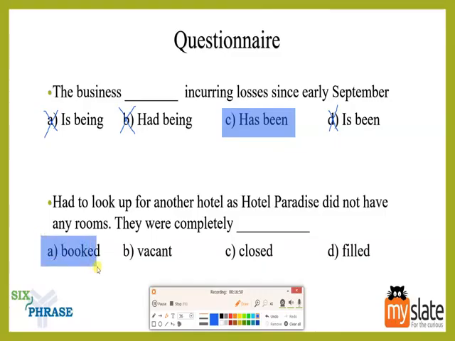So for the sake of talking, if it is full, you look at something else, right? If it was vacant, if they were completely vacant, you need not look for another hotel. And you don't talk about closed, okay? Like they were completely closed. What do you mean by closed?